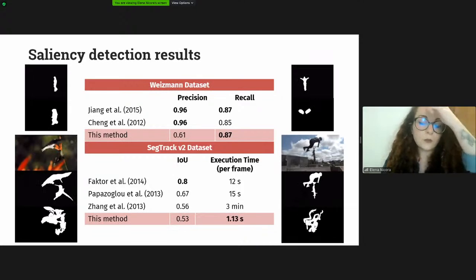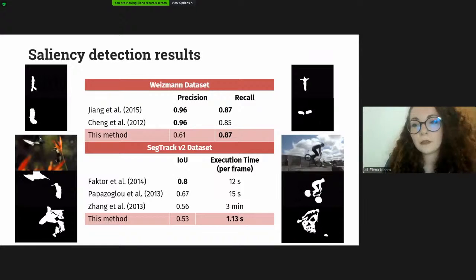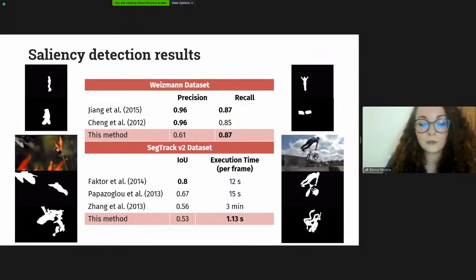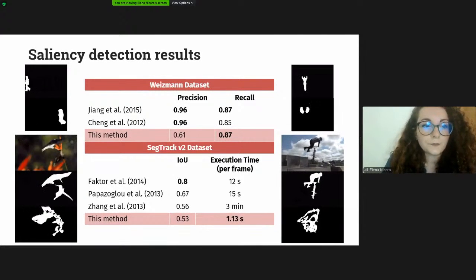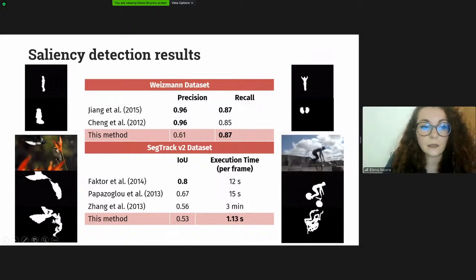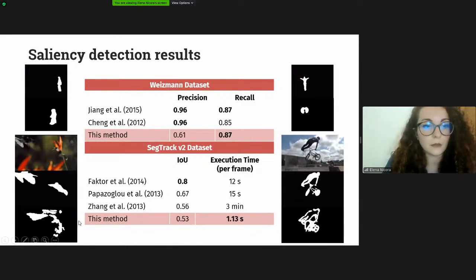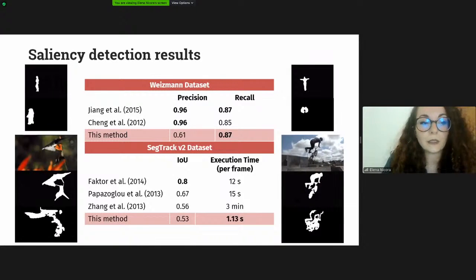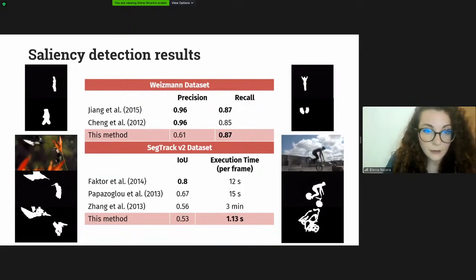For this reason, we are of course not able to compete with literature that uses pixel level segmentation masks. But at the same time, we are able to highlight the right region to look for. So in terms of a region of interest, we are able to highlight the right one.